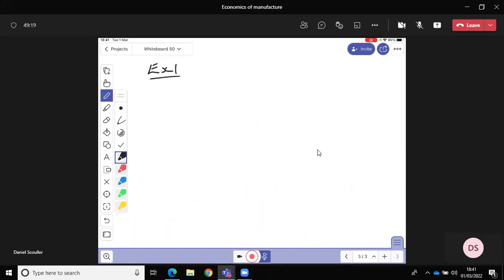Example. Sketch y equals 4 sine 2x. Remember, we write in between 0 and 360.